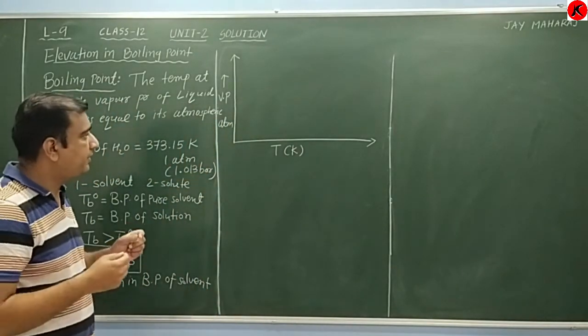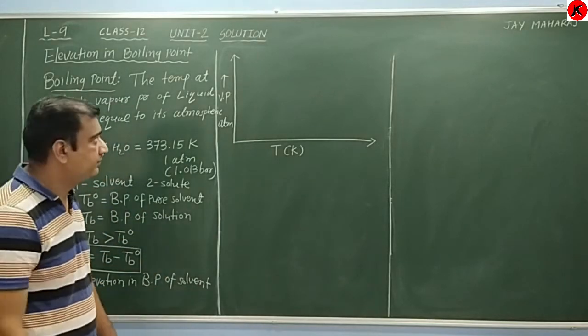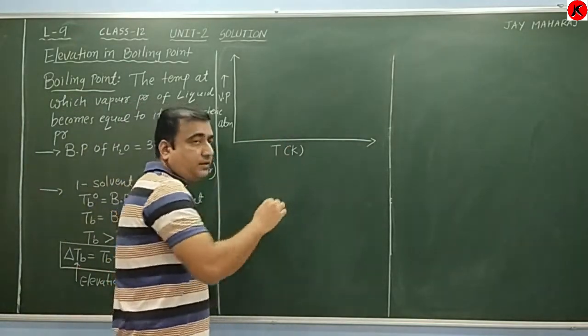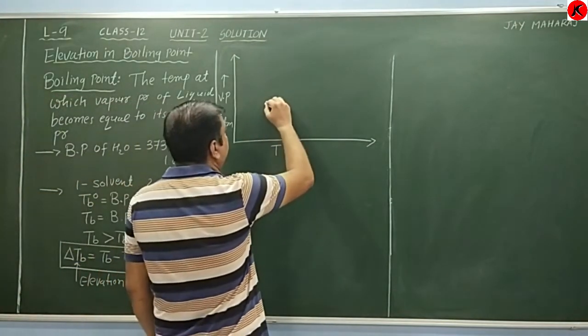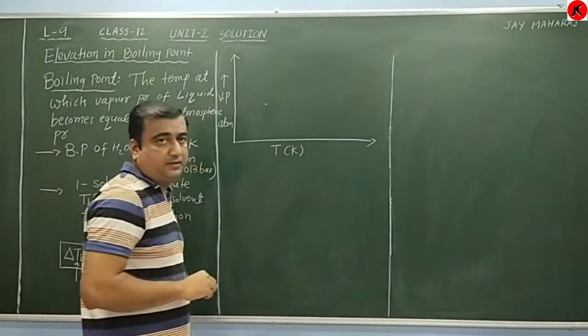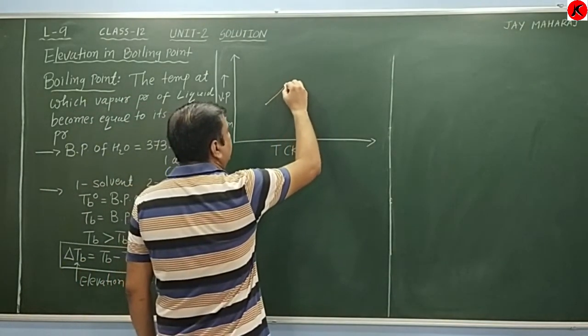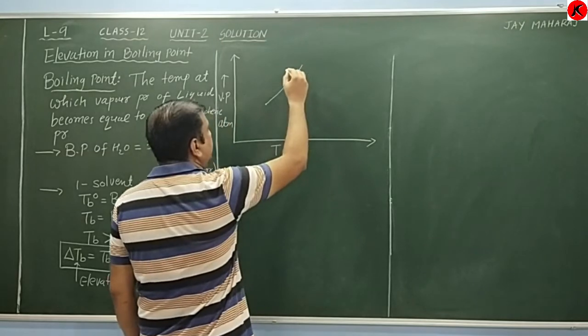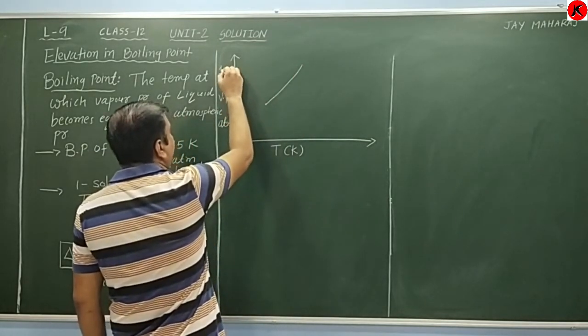Now, we plot the graph of vapor pressure for the pure solvent. As the temperature increases, vapor pressure increases. Suppose this pressure is 1 atm.